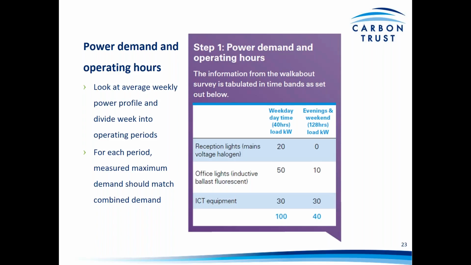And finally, we also have the ICT equipment running with a 30 kilowatt load, and that is constant. So what we are essentially seeing there is that the maximum load on the system during weekdays would be 100 kilowatts, and the maximum load at weekends and evenings is 40 kilowatts.